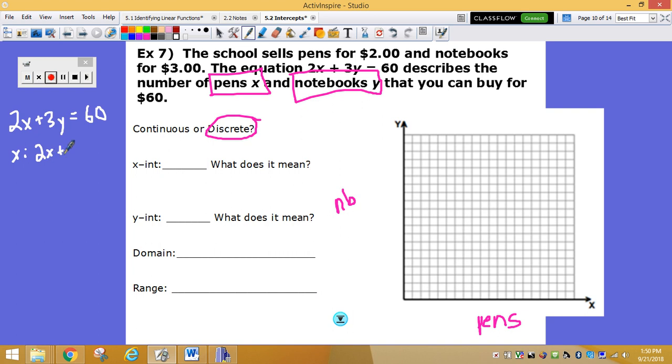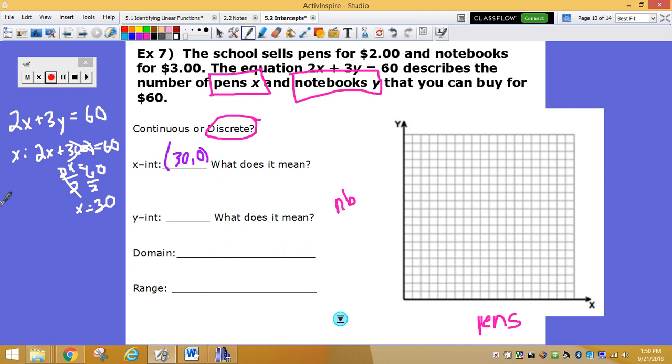So 2x plus 3 times 0 equals 60. This we don't worry about. So 2x equals 60. Divide by 2. And your x-intercept is going to be at 30. 60 divided by 2 is 30. So my x-intercept is at 30, 0.